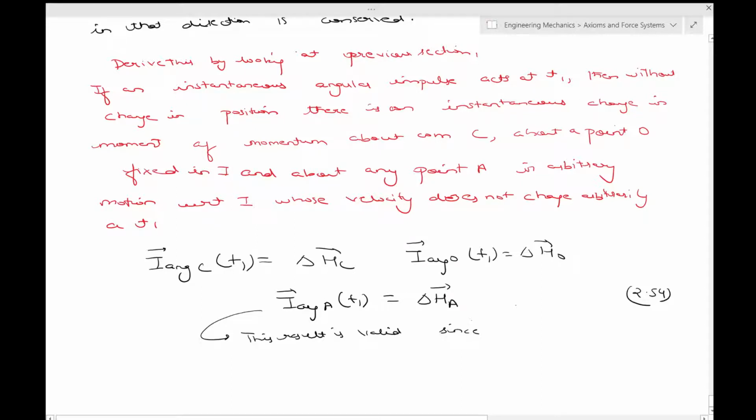Since positions of C, A and V_A remain the same, delta V_A is equal to 0.